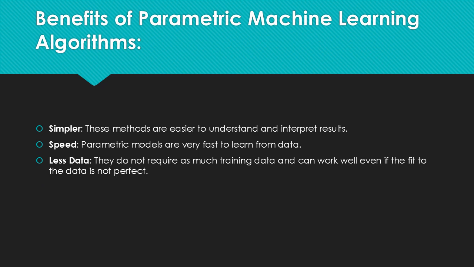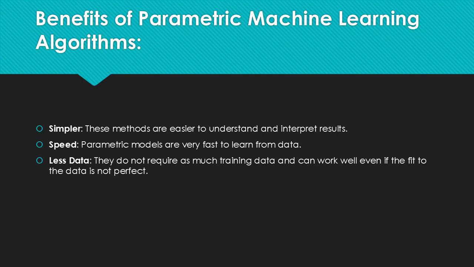So what are the advantages of parametric machine learning algorithms? Since our parameters are fixed, it is very simple. We can easily understand the model and interpret the results directly for the conclusion. The second one is speed.